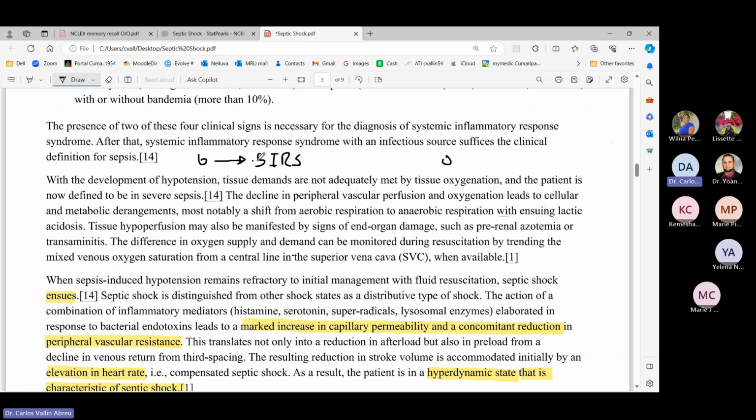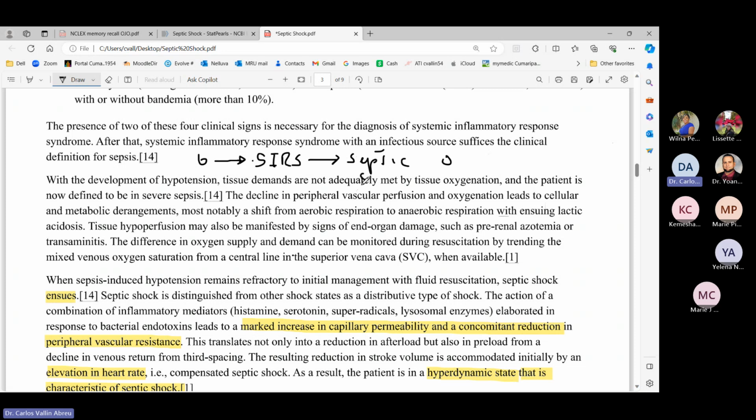And with tachycardia and increased respiratory rate, the systemic inflammatory response syndrome can evolve to septic shock.